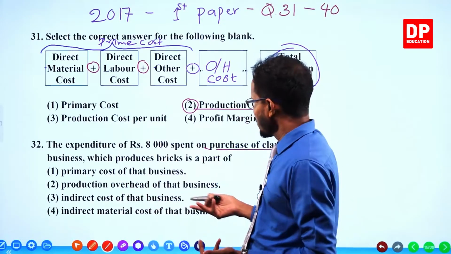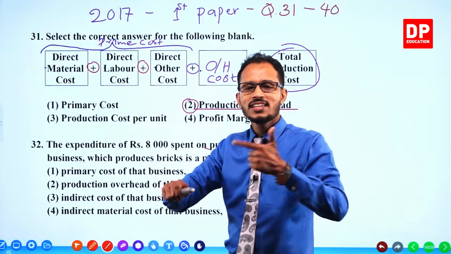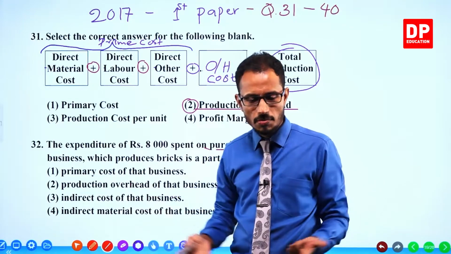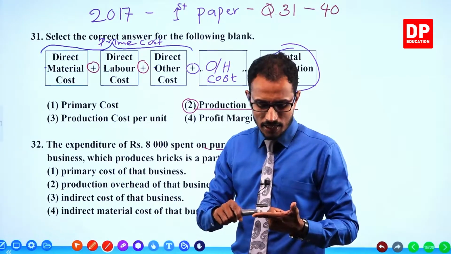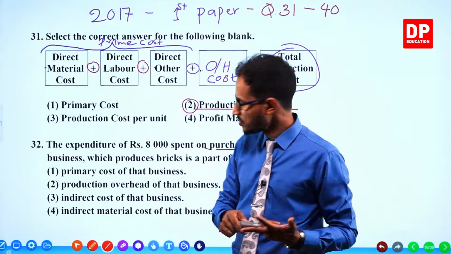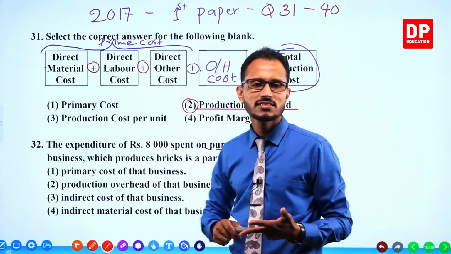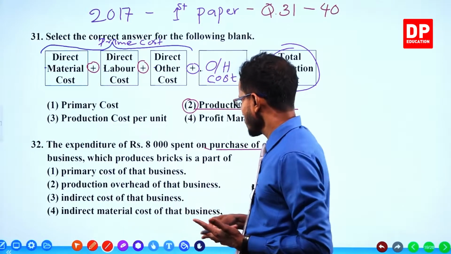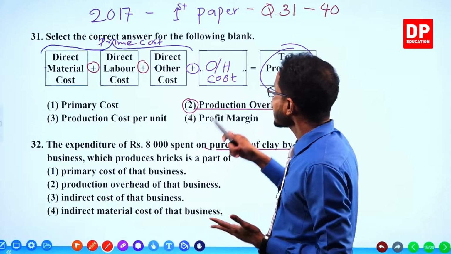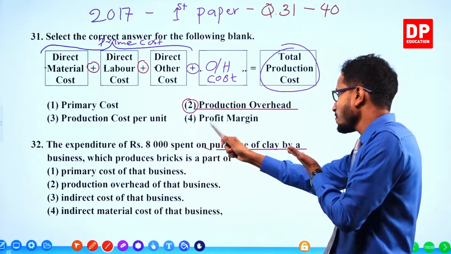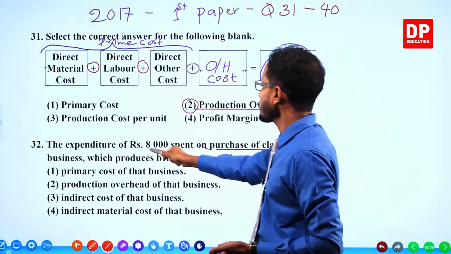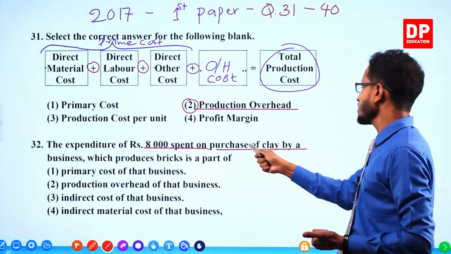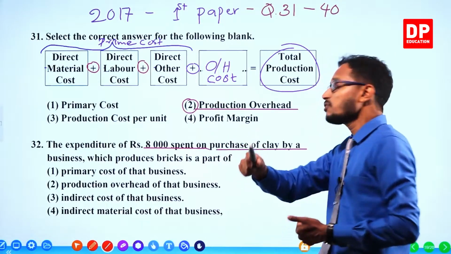They must be producing clay pots and bricks, mainly bricks using clay. That 8,000 which is spent on purchasing of clay is a part of what cost?